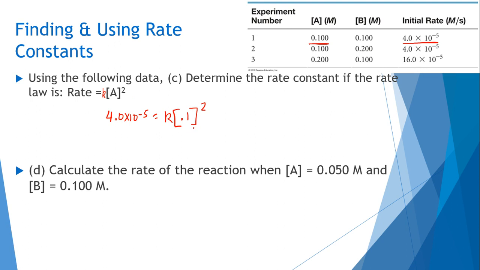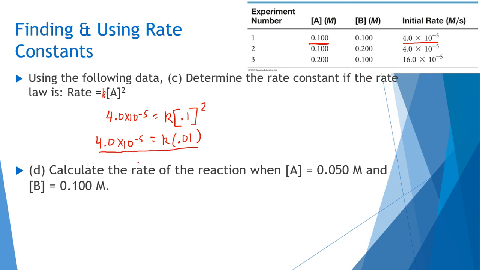So if I solve this, I take 0.1 to the second power, which gets me 0.01, times my k equals 4.0 times 10 to the -5th.